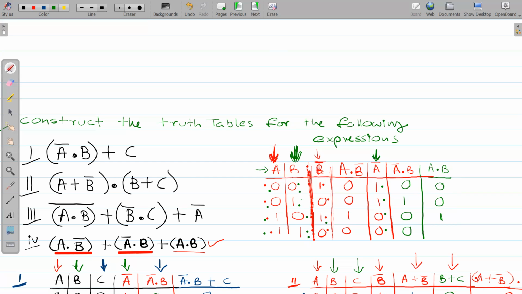I'm sorry, the previous one is like 1 into 0. 1 into 0 is 0. 1 into 1 equals 1. Hold on a second, people.